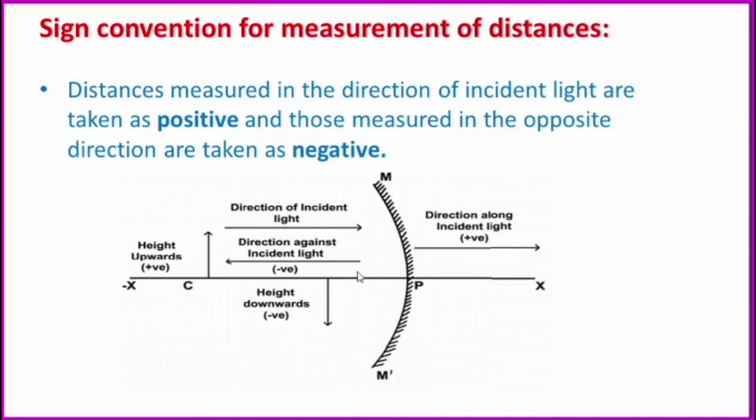In the opposite direction, against the incident light, any distance, image distance or object distance or focal length, we put a negative sign. So this rule is very important. Distance measured in the direction of incident light means positive. Against the incident light means negative. Okay.